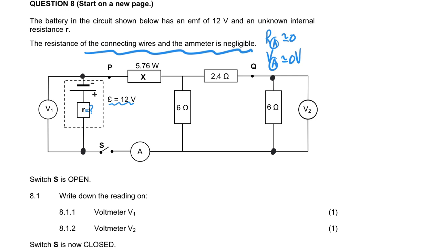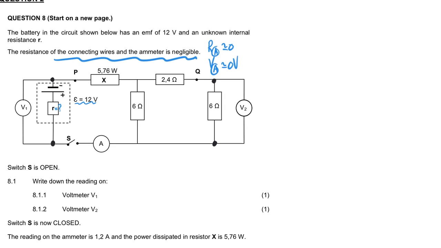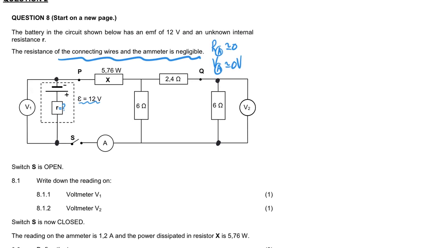It actually doesn't make a difference to the solution of the problem, because we tend to use conventional current. But in actual fact, in an electrical circuit like this, where your wiring is metal, the actual electricity is in the form of electrons moving from the negative terminal to the positive. So what I'm about to do is not wrong.